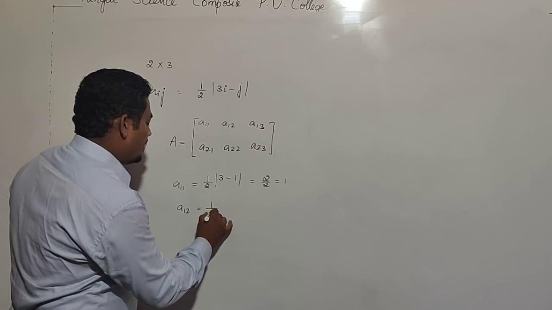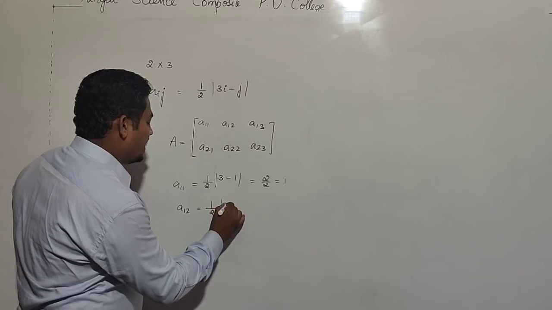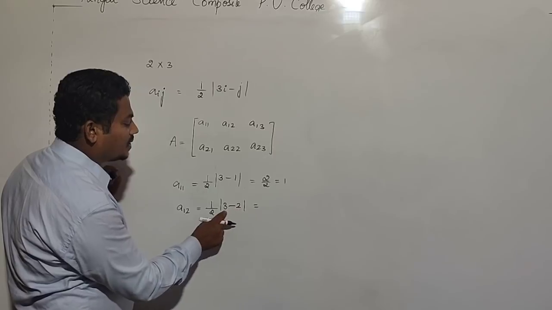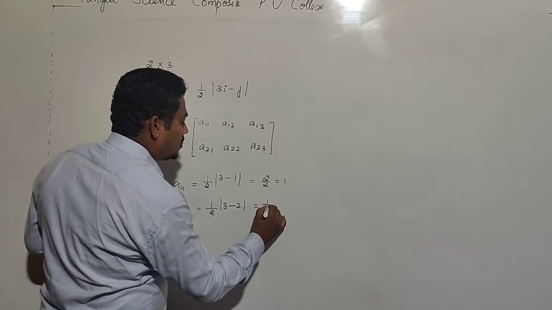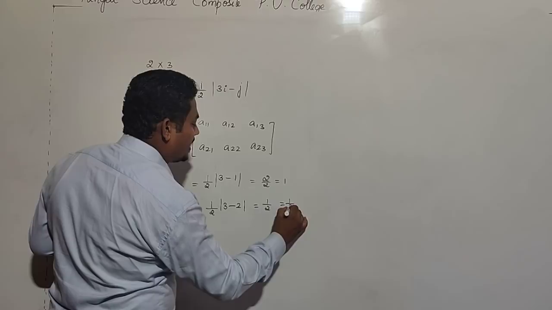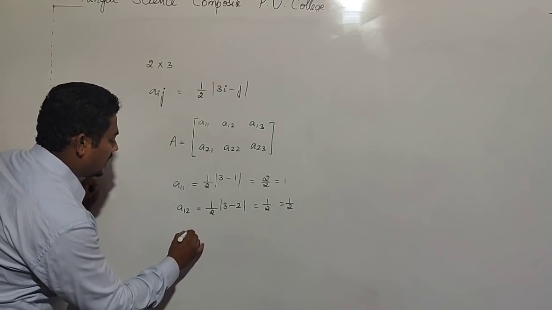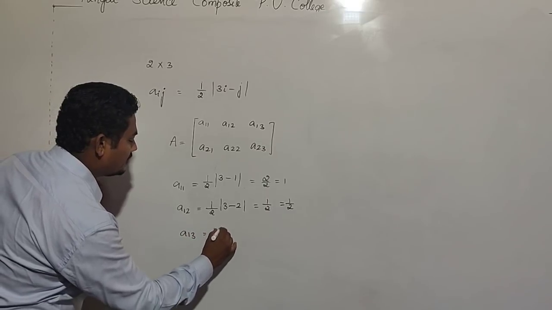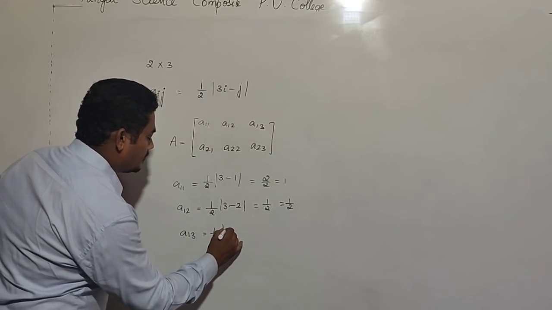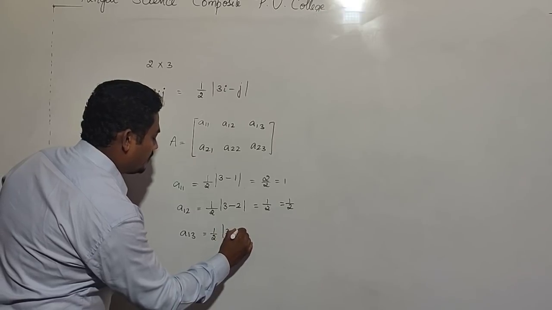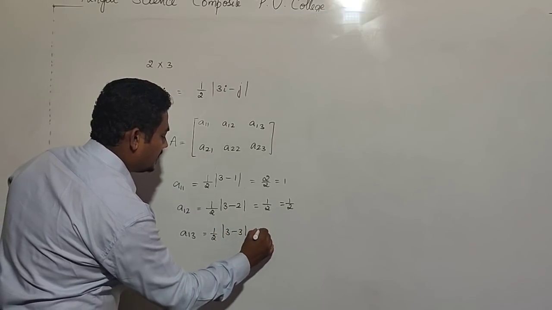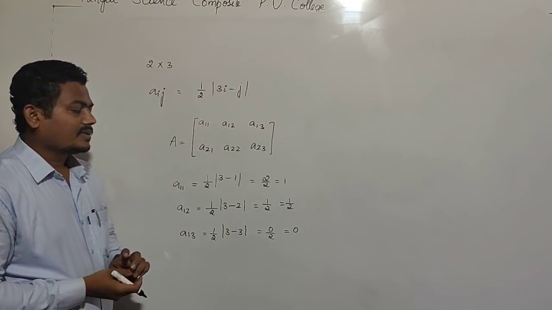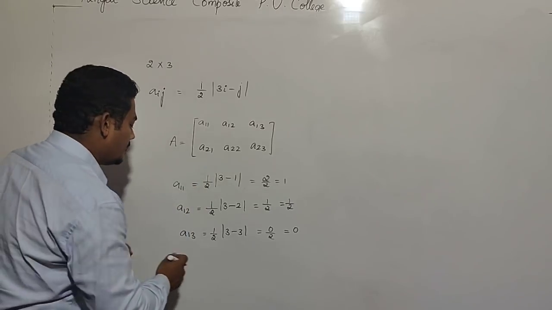Then 1 by 2 times modulus of 3 into 1 is 3, minus 2, which is 1. That is 1 divided by 2. Next element A13: 1 by 2 times modulus of 3 into 1 is 3, minus 3 is equal to 0, divided by 2 is equal to 0.